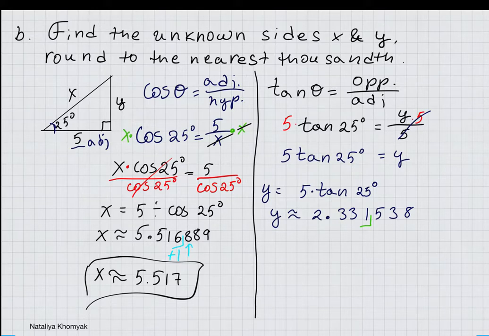You look at the number to the right of it, and if it's 5 or more, we need to add 1. So it is 5, so we're going to add 1 to our cutting off place, and our solution for y would be 2.332.